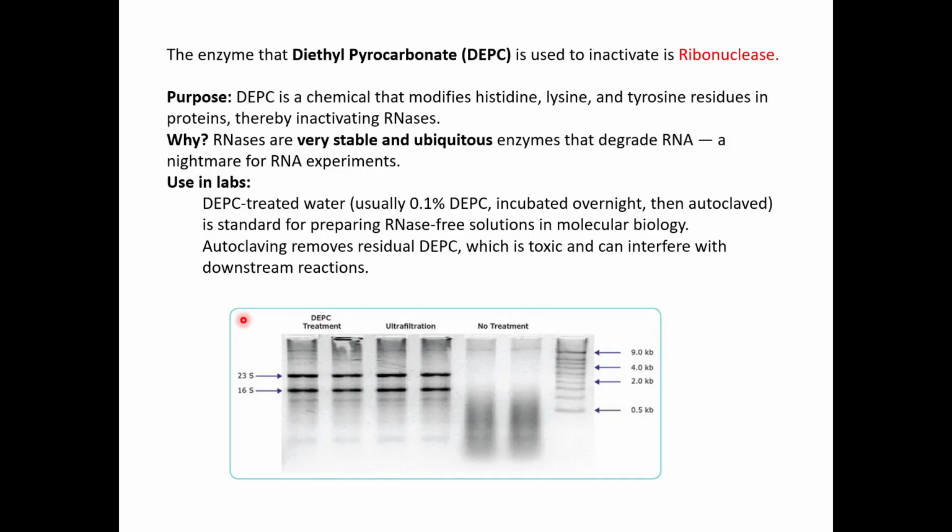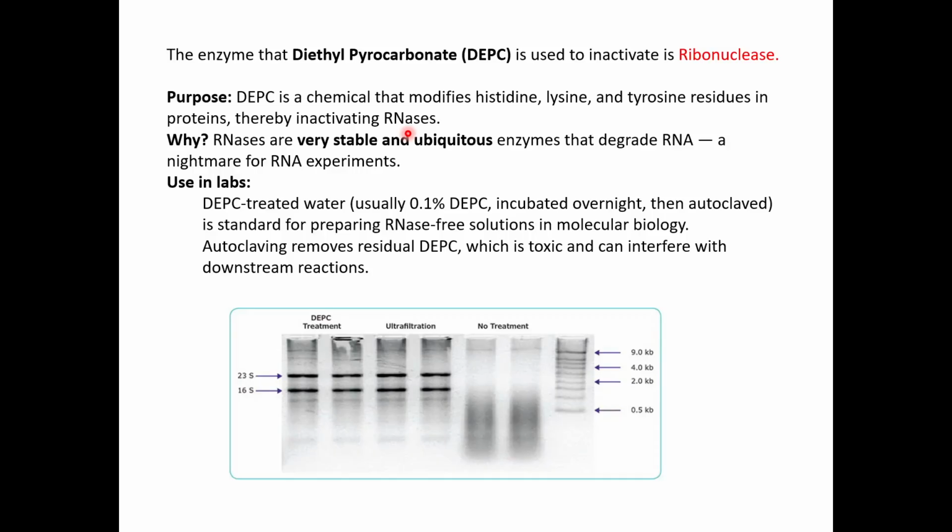So the next one is DPC, and why do we use DPC and what is it used for? The enzyme that DPC is used to inactivate is called ribonuclease. The reason behind this is DPC is a chemical that modifies histidine, lysine, and tyrosine residues in proteins, thereby inactivating the RNases.